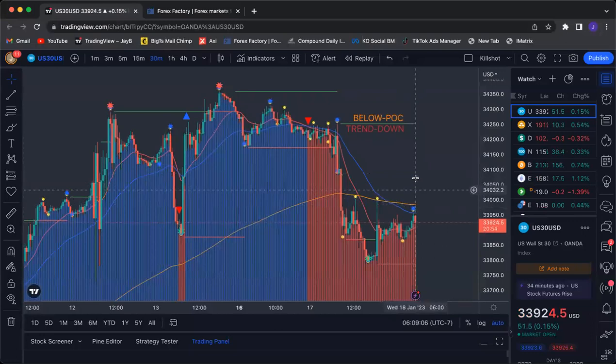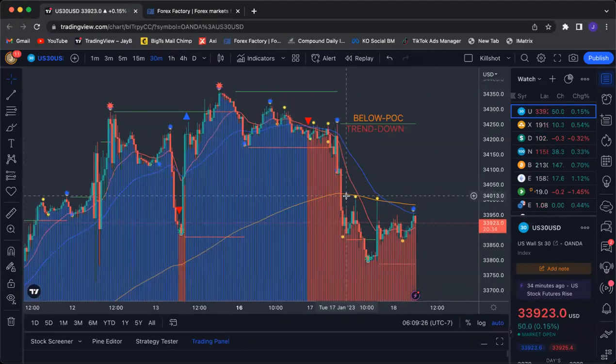Not get our trade a third of the way and then it hits something that we don't even know is there because we're not identifying it, and rejects it and comes back down. Now our point of control will probably be here today, but that's why we use the point of control. Okay, because we want to know what's happening in these prices. We want to know what's happening in these movements, because that gives us a better indication of what might be in the way of our trade, right?